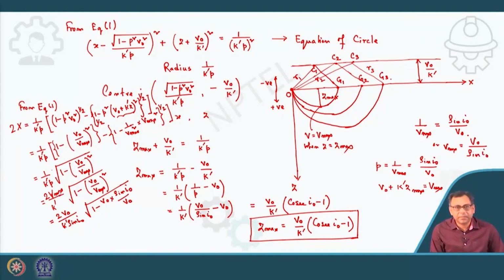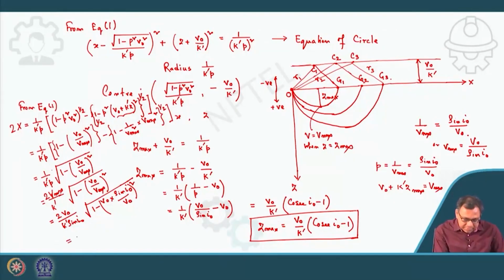Clear? So now this will cancel out and this will be V square. The whole term will be square. So V0 will cancel. So it is basically 1 minus sin square I0, which is root over, so that will be root over cos square I0. So it will be cos I0. So this term will be basically cos I0.